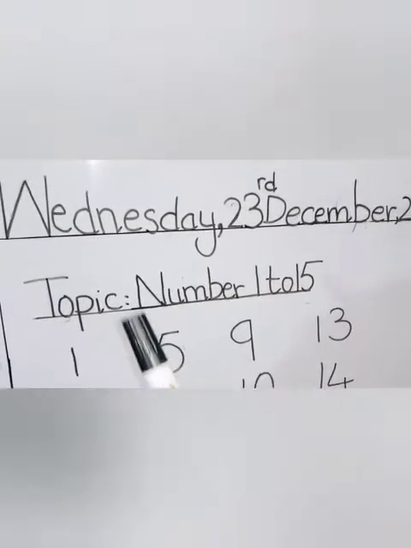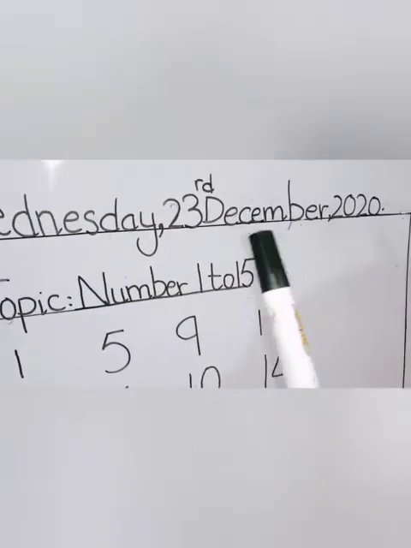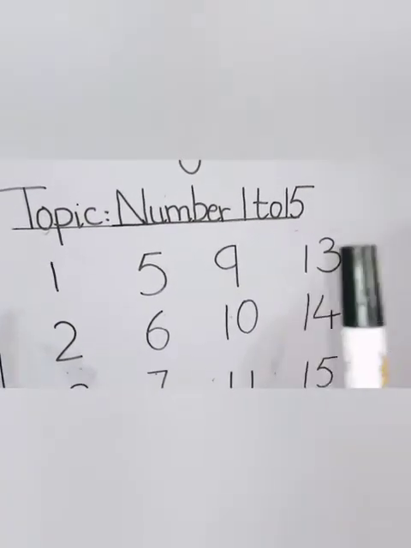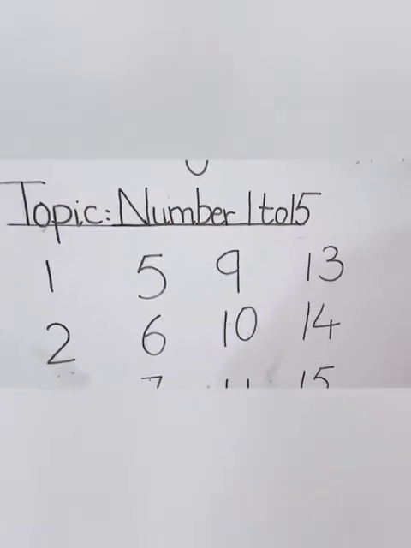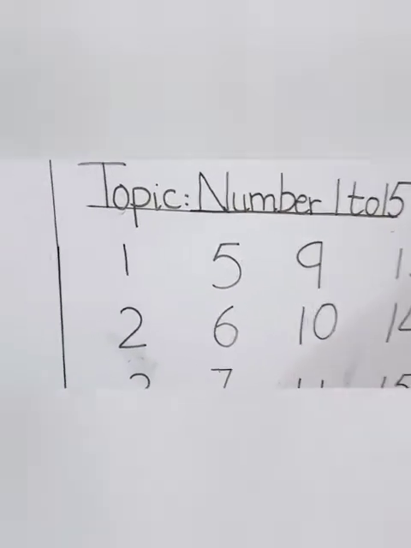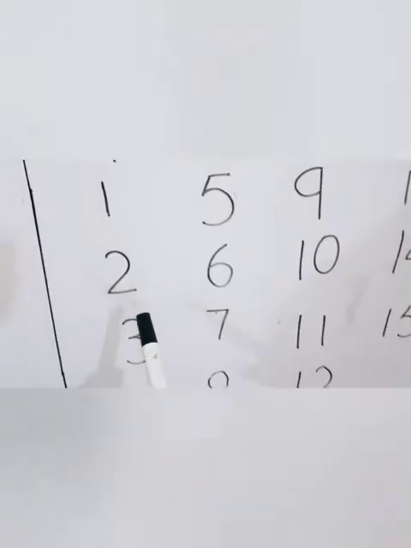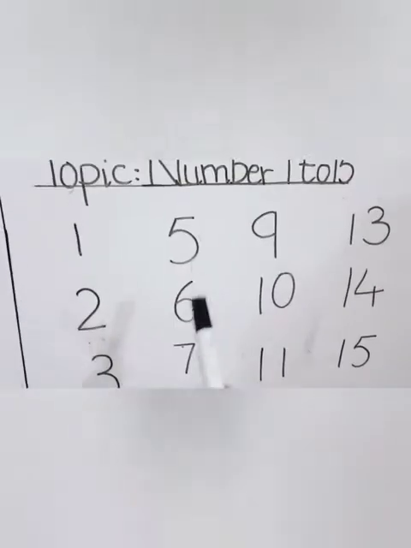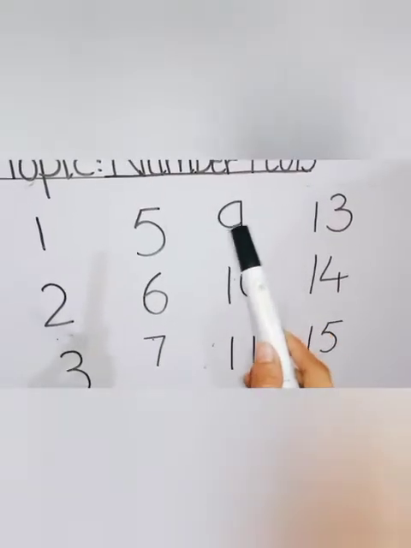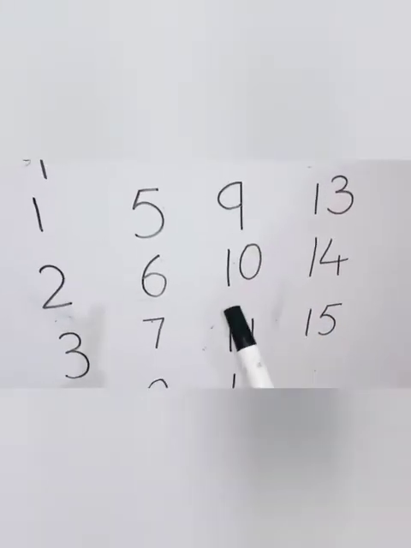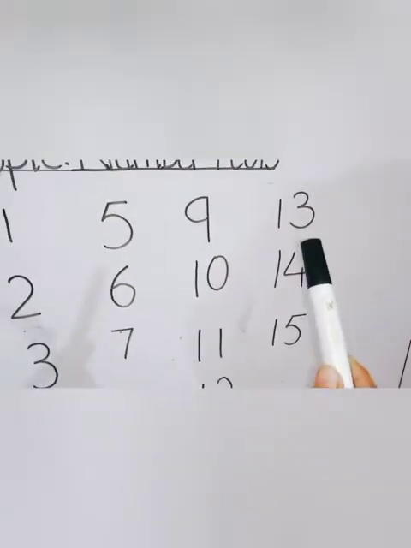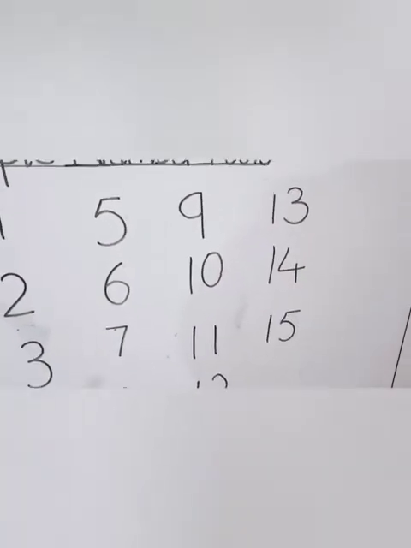Okay class, today our date is Wednesday 23rd December 2020, and today our topic is number 1 to 15. We are writing on copy from number 1 to 15. First we revise the numbers 1, 2, 3, 4, 5, 6, 7, 8, 9, 10, 1 and 0, 10. 11, 12, 13, 14, 15.